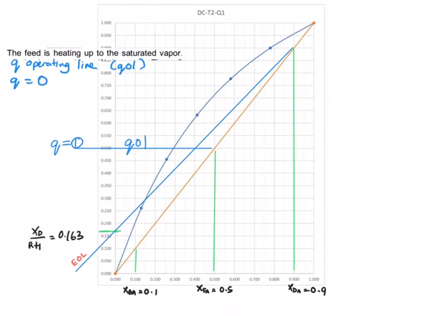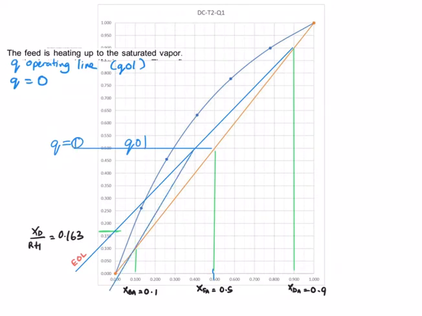You're going to draw your Q operating line starting from the mole fraction of the feed, which is 0.5. Starting from here, you draw a straight, horizontal line for Q equal to 0.